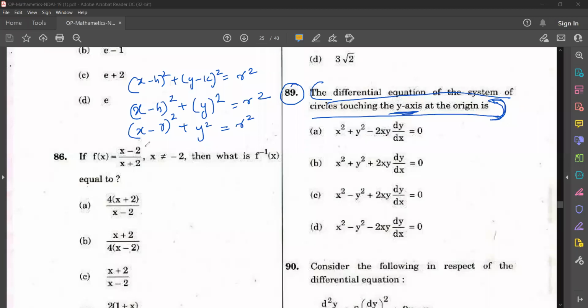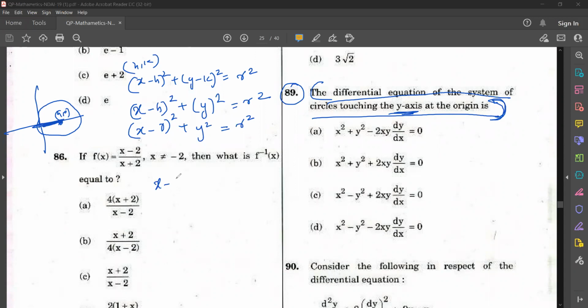A circle touching the y-axis at origin, how would it look? It will look like this. Suppose I take this point as (a, 0), then my center will be (a, 0). So k is 0, h comma k is the center, isn't it? Then h is a. Then what about the radius? That is also a, isn't it?